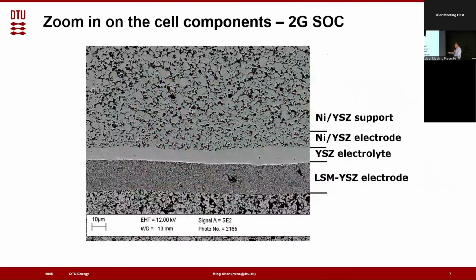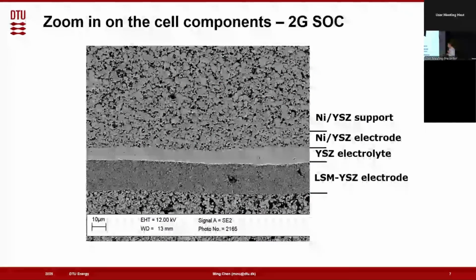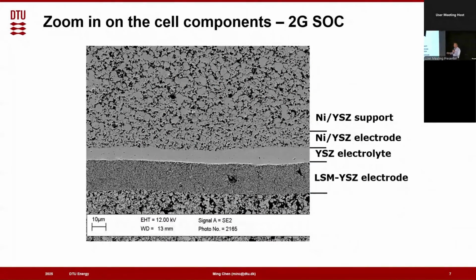This is just an SEM image showing how the cell looks on the micro scale. We have the electrolyte, that's 10 micrometers. Then we have the porous electrode. This is the hydrogen electrode, metallic nickel mixed with YSZ oxygen ion conductor.